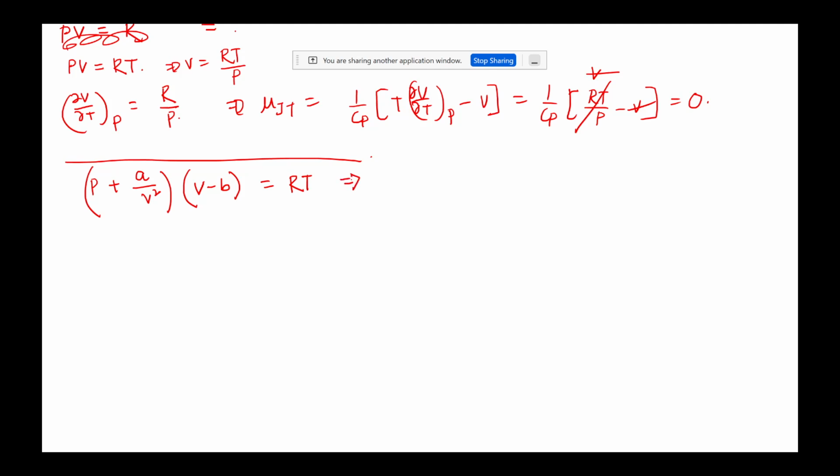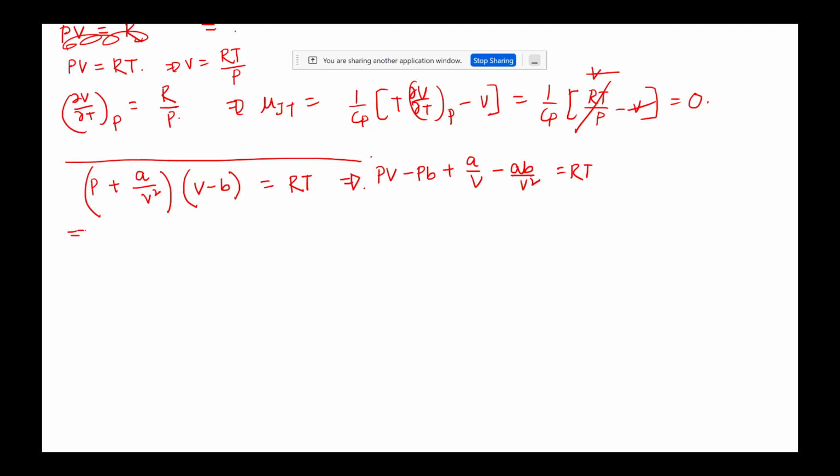If we expand this, we get PV minus PB plus A by V minus AB by V square equal to RT.